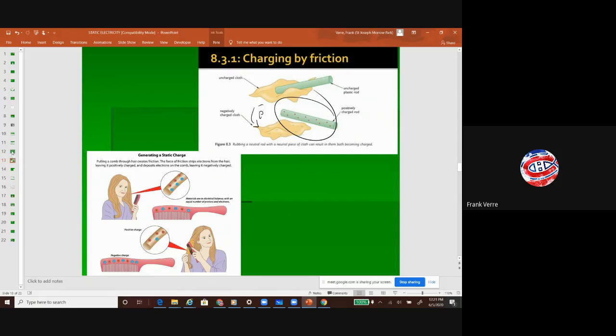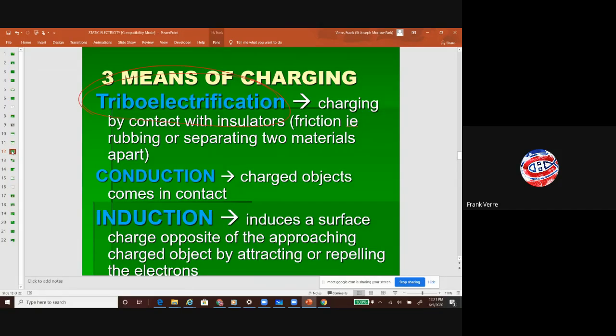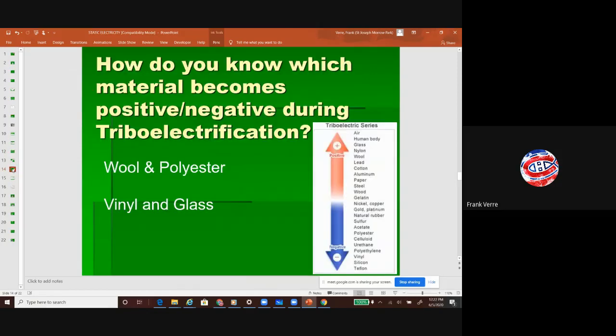Now, that's one way to charge. There are two other ways to charge. But I should mention this before I move on: how do you actually know what becomes positive or negative? This is one of the questions I think you have to do in your CPT. There's a useful chart to help us know.